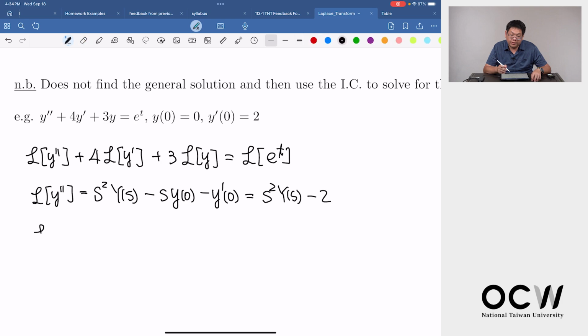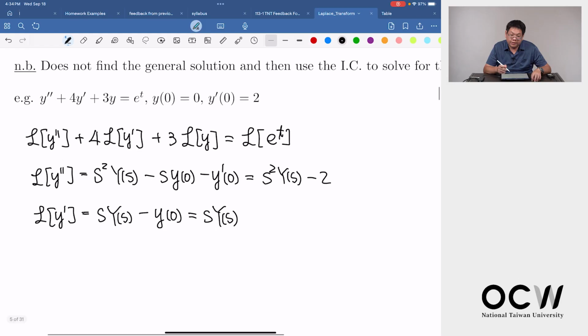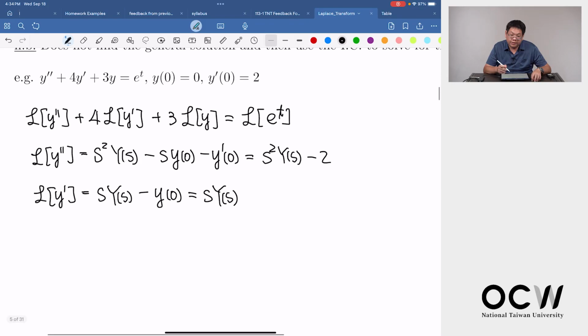And then the Laplace transform of y prime will be s Y(s) minus y(0). y(0) is 0, so you only get s times Y(s). So let's simplify that.